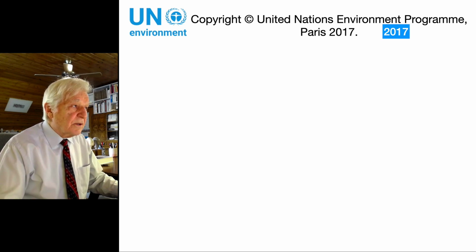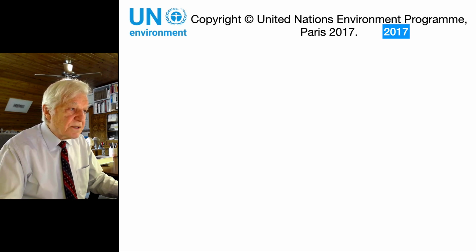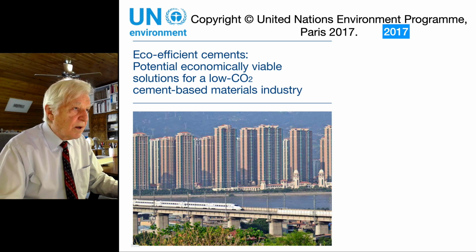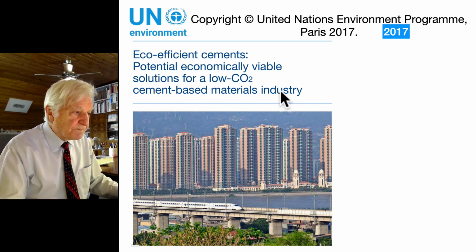Because the United Nations Environment Program presented in 2017 in Paris a result of their study on eco-efficient cements, potential economically viable solutions for a low CO2 cement-based materials industry.